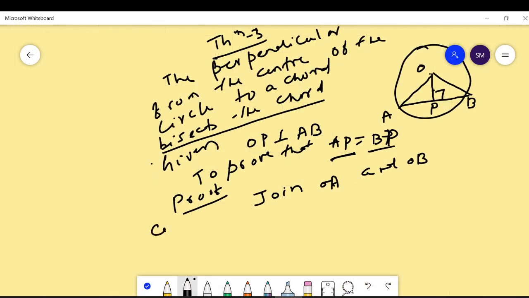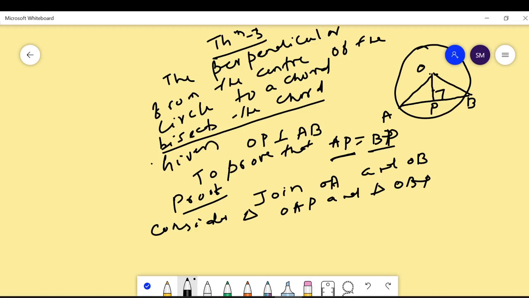Consider the triangle OAP and triangle OBP.